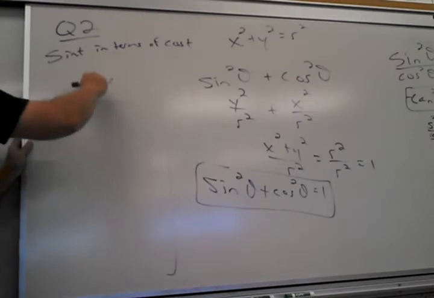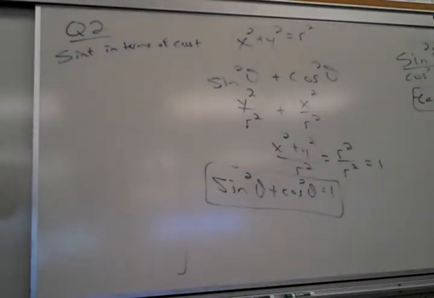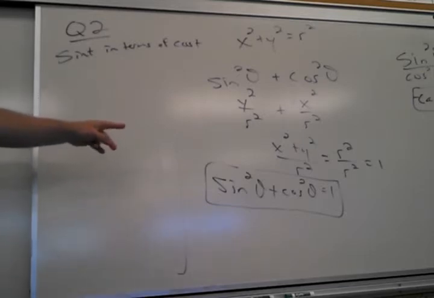So I want sine t equals some mess to do with cosine. You with me? I want sine as a function of cosine. So where do you think I start? What relates sine and cosine? Which identity? The first one.